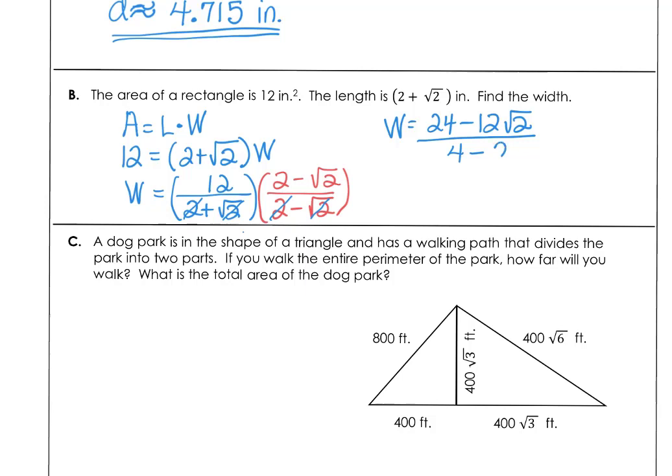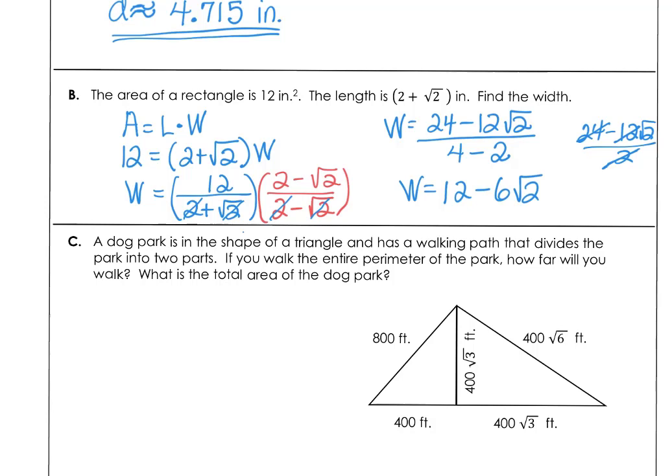And negative square root of 4 becomes subtract 2. So 24 minus 12 divided by 2, we could simplify that. Let's think about this. 24 minus 12 divided by 2. 2 divides 24 12 times, and 2 divides 12 6 times.